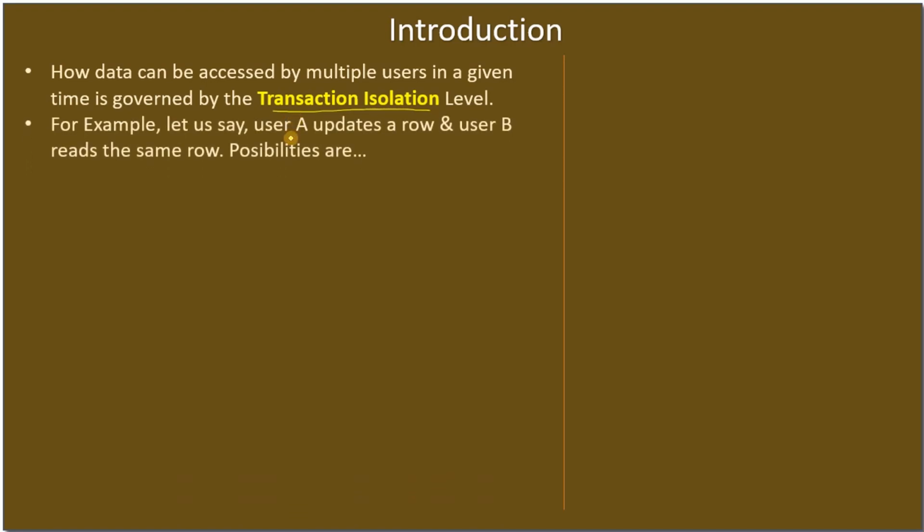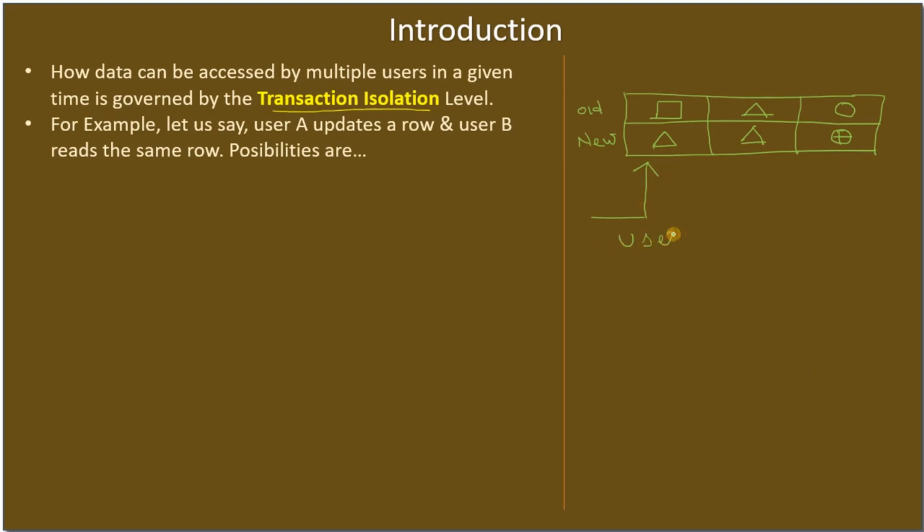For example, let us say user A updates a row and user B reads the same row. So here, let's state that this is a database row. We can state that user A performed this update.